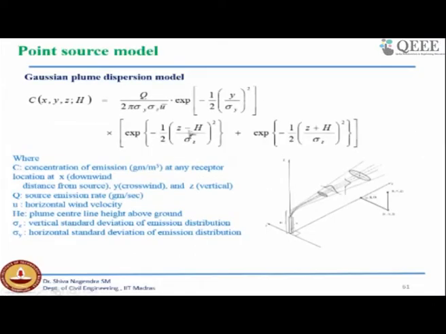So y is your crosswind distance. z is the receptor height, at which height you would like to measure the concentrations. If you substitute in these equations, you will be able to find the concentrations under different conditions. Concentration is in gram per meter cube, emission rate in gram per second, u is the horizontal wind velocity, H is the effective height, and sigma y, sigma z are the dispersion coefficients.